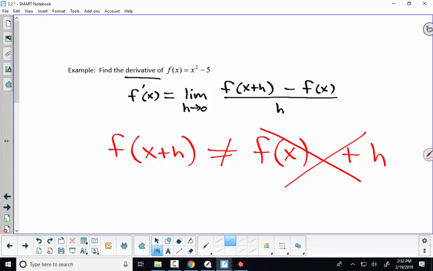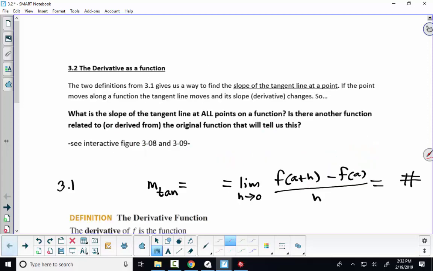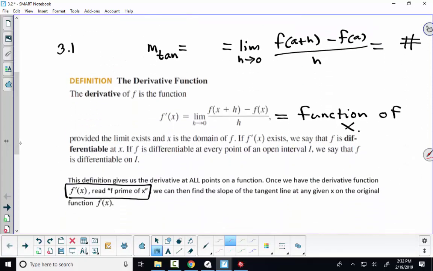So in that definition, we're always going to have to find f of x plus h, just like in the prior definition, we always had to find f of a plus h. We're, of course, given f of x, and then we allow h to go to 0. So let me note that here. We have to find this, or compute this, and we have to be given a function.